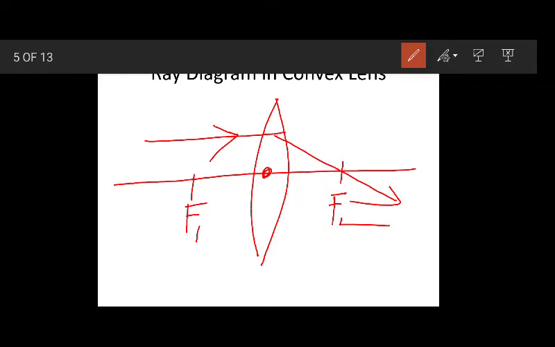Number 1. Number 2, when light passes through optical center, it will not be deviated. It will not change its direction.